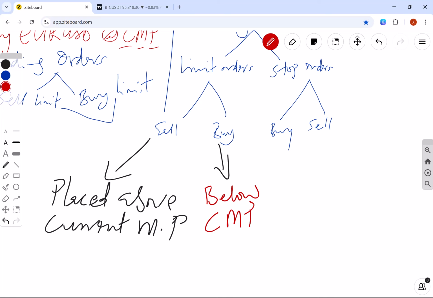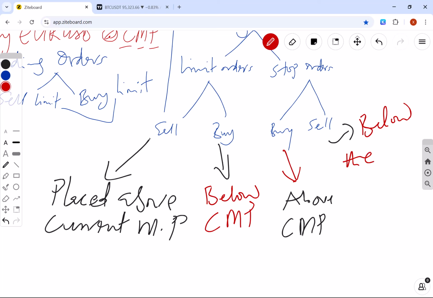Now, when we take the buy stop, we are looking at an order that is placed above the current market price. So a buy stop is placed above the current market price, and a sell stop is placed below the current market price.